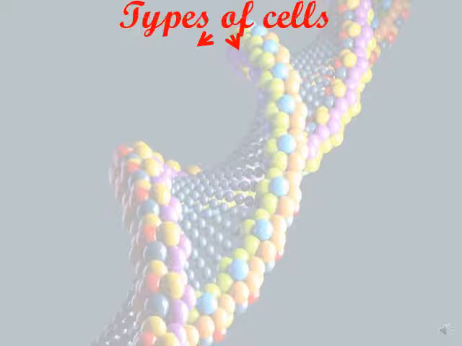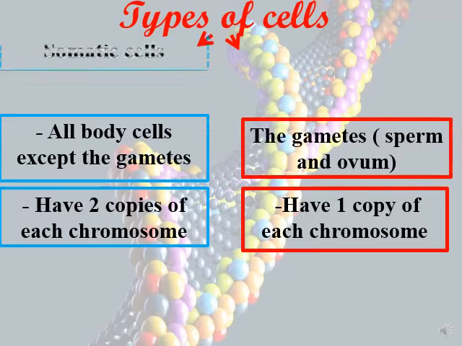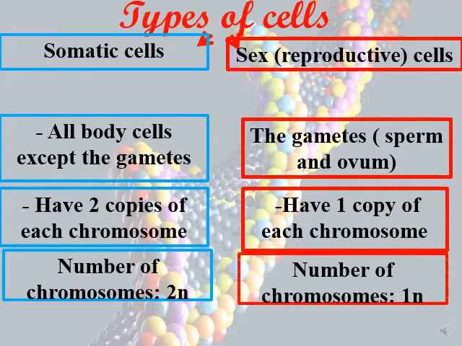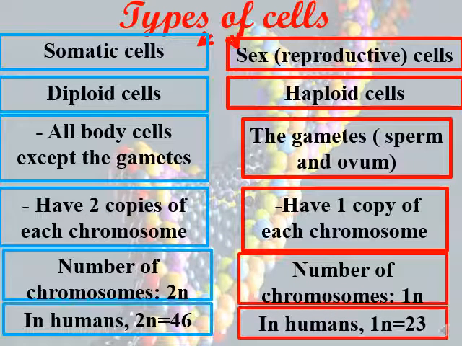Let's move to this table showing the different type of cells and their different properties. Let's start step by step. So in this table we have two types of cells. We have something called somatic cells, and we have something called sex cells, or called reproductive cells.